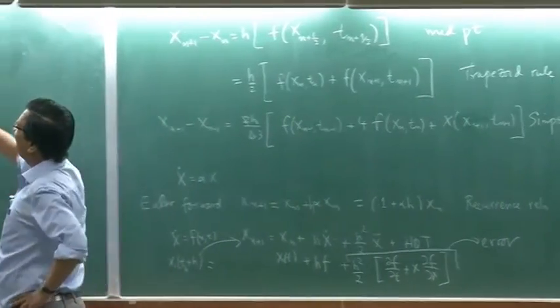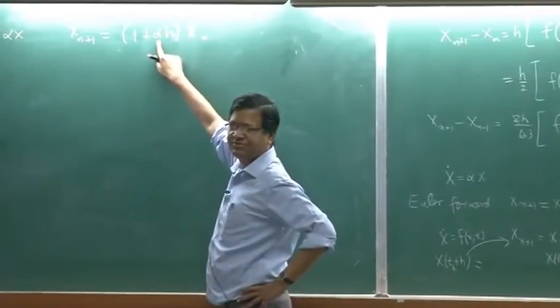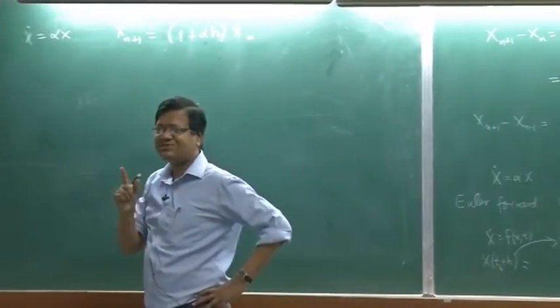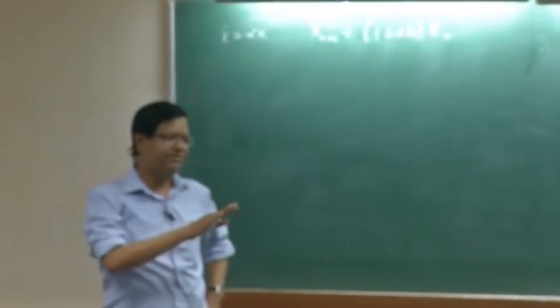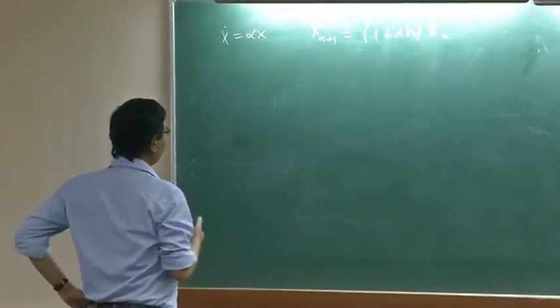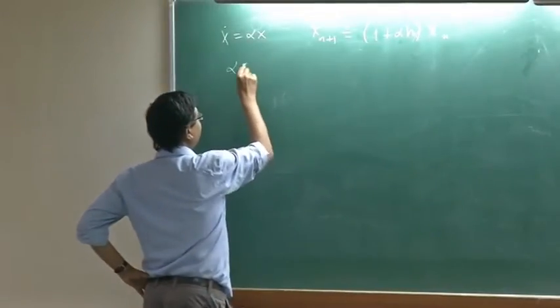Now for alpha negative. Remember, we have to test only for alpha negative. For alpha positive, for the numerical scheme you don't say anything: my numerical solution will grow and my physical solution will grow. But for alpha less than 0, I have to check.